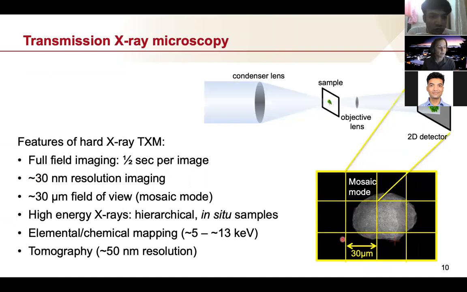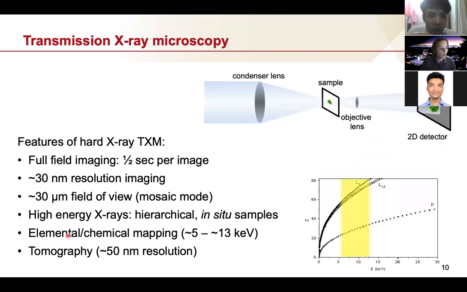But here you can see we do mosaic mode imaging often. If we have a sample that's larger than our field of view, we take multiple overlapping images and stitch them together to make a nice continuous field of view. Because it's high X-ray energy, we do focus on in situ samples, and I'll go into that in a little bit. And then we can tune our X-ray energy to look at elemental or chemical mapping.